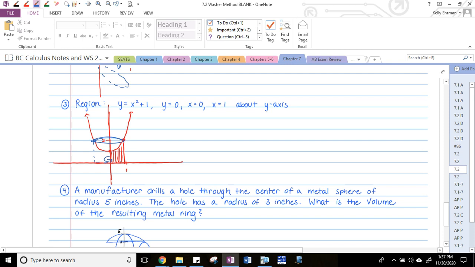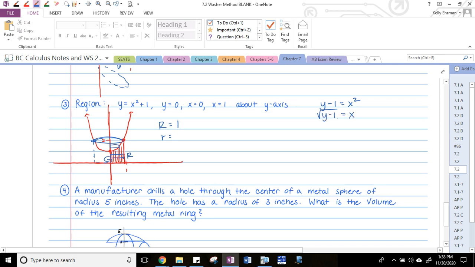Okay, so let's see. We're rotating sideways. So our rectangle of rotation on the outer part, big R, is going sideways. I can see that big R is fixed all the way across. It's 1. What about little r? Little r going sideways needs to be in terms of y. It's connected to the x squared plus 1 graph, but I need to solve that for y. So x squared plus 1, square root of y minus 1 equals x.